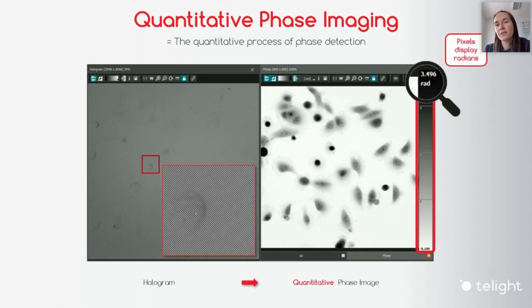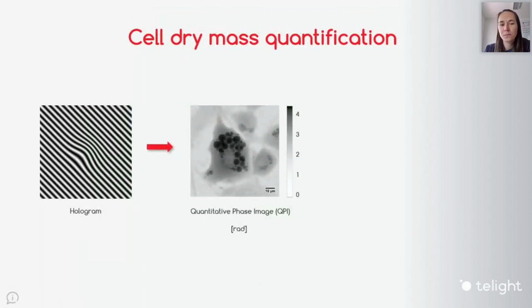But what's more, the phase image is quantitative. It means that each pixel of such an image carries the information about retardance. How much was the light delayed compared to the reference beam when the light passed through the cells? So, quantitative phase imaging allows you to visualize cells in a quantitative way. At the end, you get the image that is in radians.